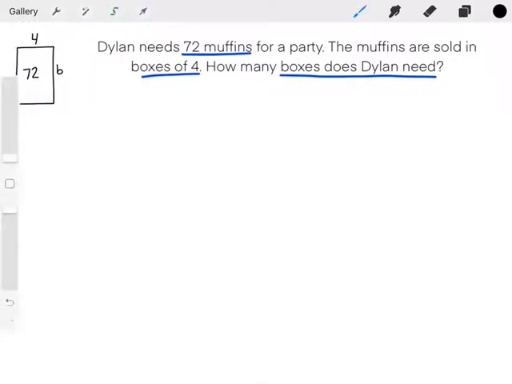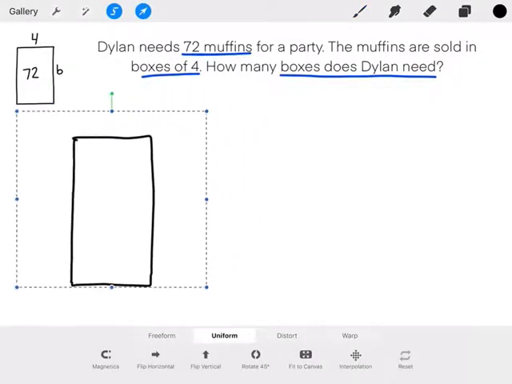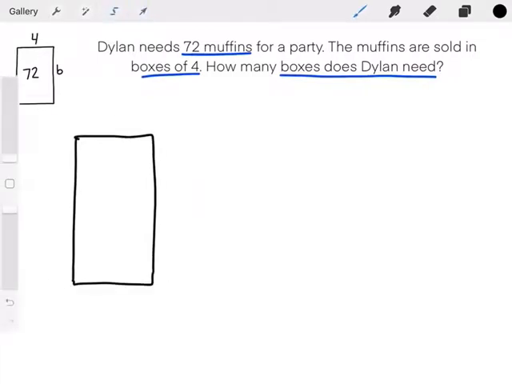Okay. So now, what multiple do I think is close to 72 that I could easily do in my head? The first multiple that I think of is 4 times 10.